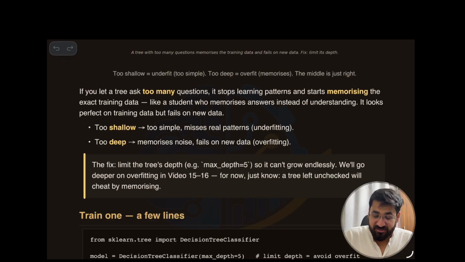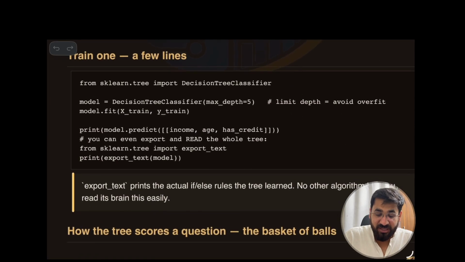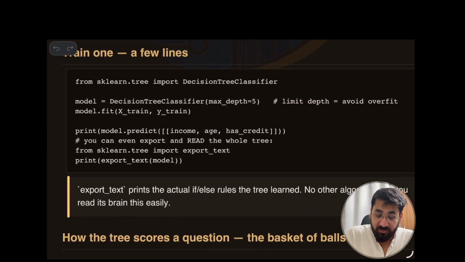Okay, now let's end this and jump directly into the code. What we have done is import the decision tree classifier model and provide the depth. Now we provide the data, X train and Y train, feature and label. Now we train our model. After that we provide new data to predict, with this income, this age and this credit: should this person be granted a loan or not?